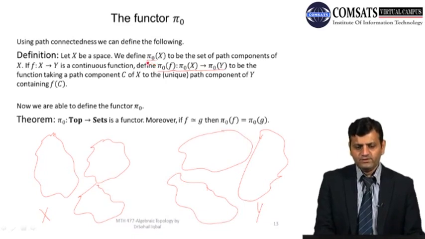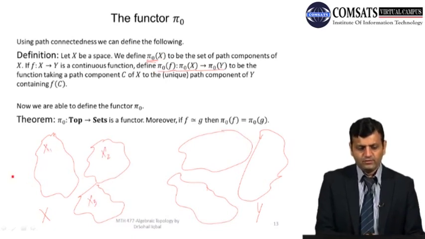So this is the space X, this is the space Y. So what does this function do? First of all, pi naught of X is this set of path components of X. Let's say the path components are X1, X2 and X3. So pi naught of X is basically equal to the set X1, X2 and X3.